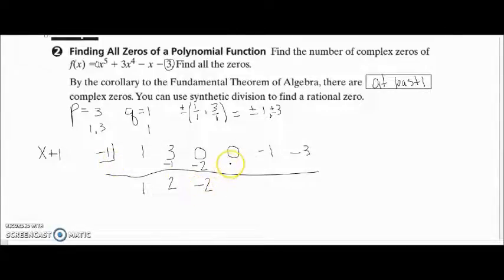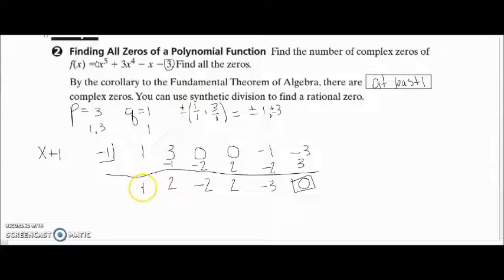Negative 1 times negative 2 is 2. 0 plus 2 is 2. Negative 1 times 2 is negative 2. Negative 1 plus negative 2 is negative 3. And finally, negative 1 times negative 3 is 3. Negative 3 plus 3 is 0. So since this remainder is 0, that means this really is a factor of this polynomial.